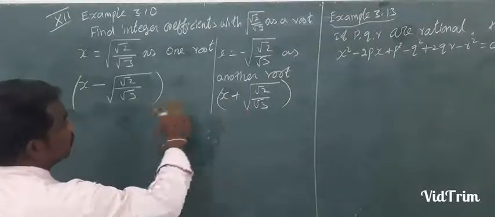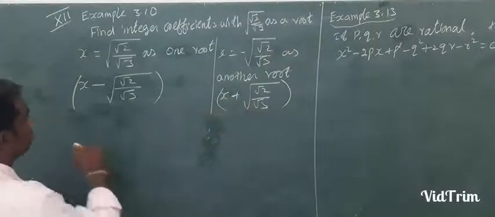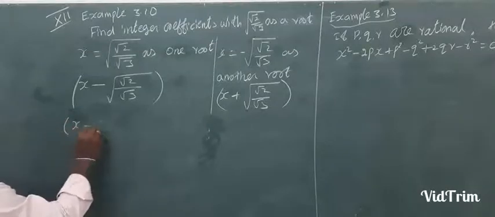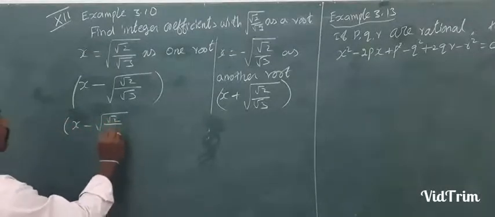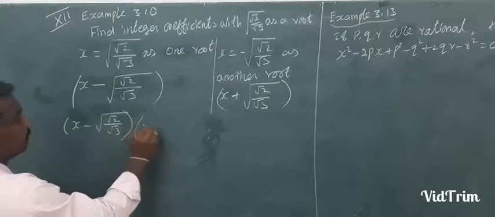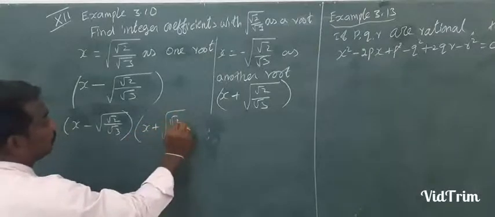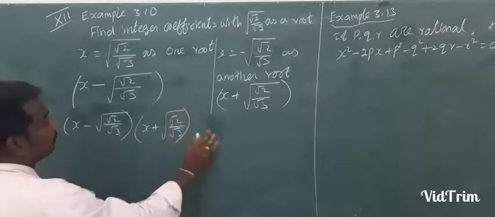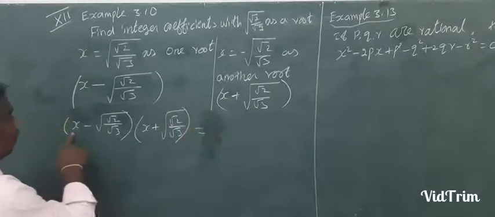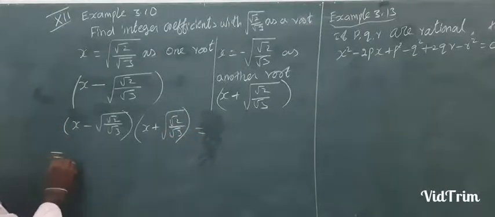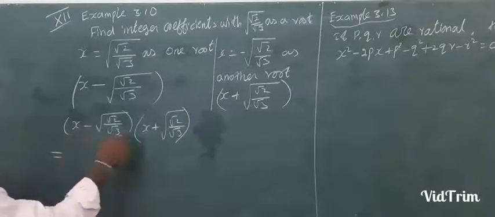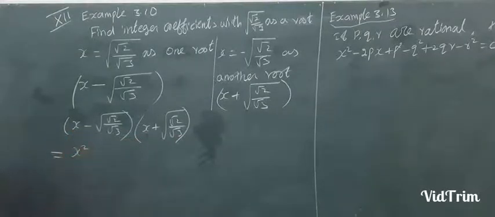Now we are going to use the two roots and get the polynomial equation. You write x minus square root of root 2 by root 3 into x plus square root of root 2 by root 3. You multiply x into x, which is x square.